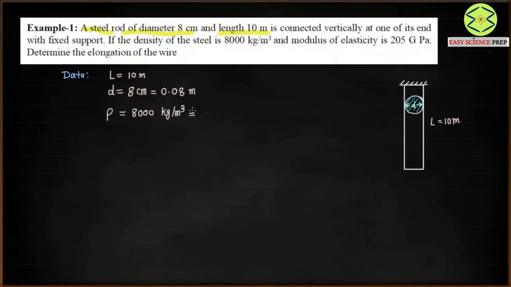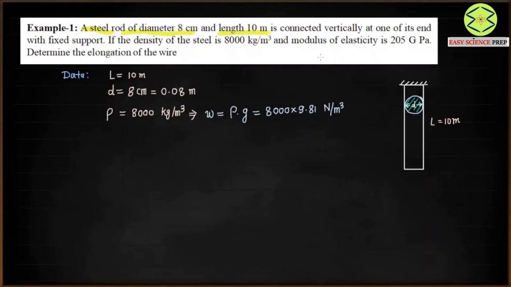From here we can find out the weight density. So weight density, that is small w, is going to be mass density times gravitational acceleration. So that is going to be 8000 times 9.81 newtons per meter cube. Since we have followed weight density in our expressions, we shall be using weight density here also.